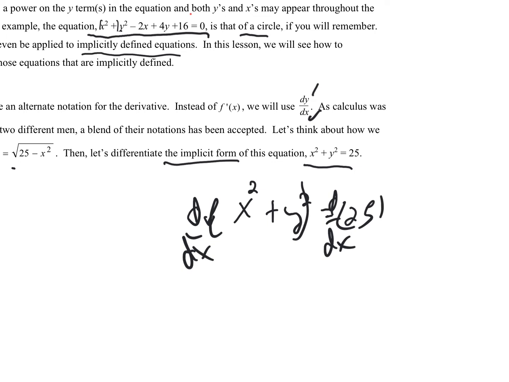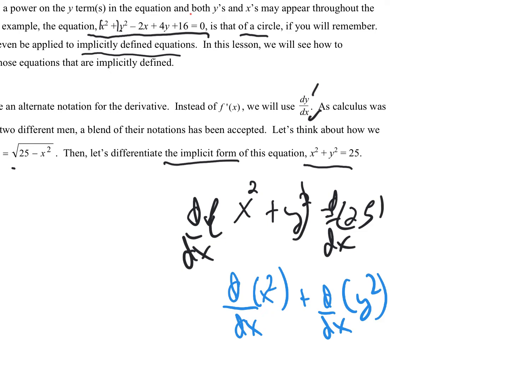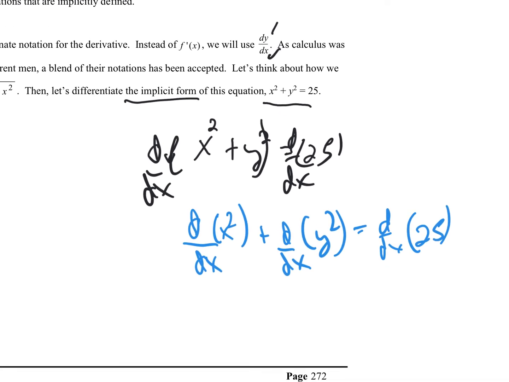Distribute. Now, normally we won't do all those steps, but I'm just showing you all the details. Distribute the derivative all the way through. That gives me the derivative with respect to x of x squared plus the derivative with respect to x of y squared equals the derivative with respect to x of a constant, 25.